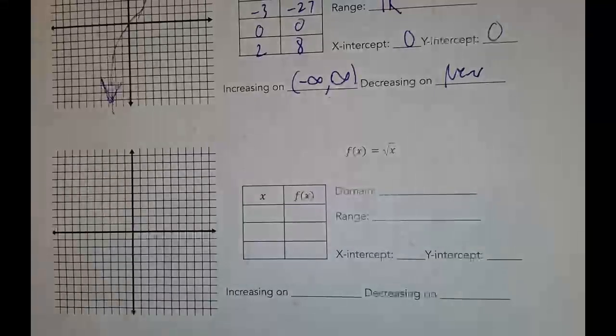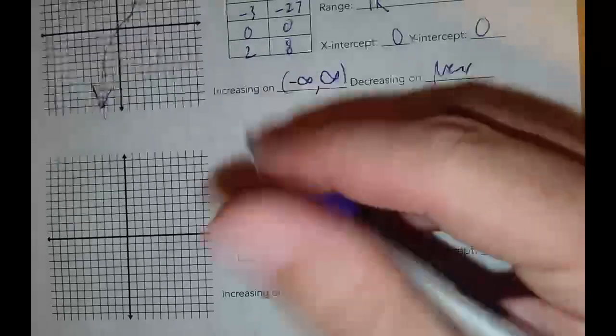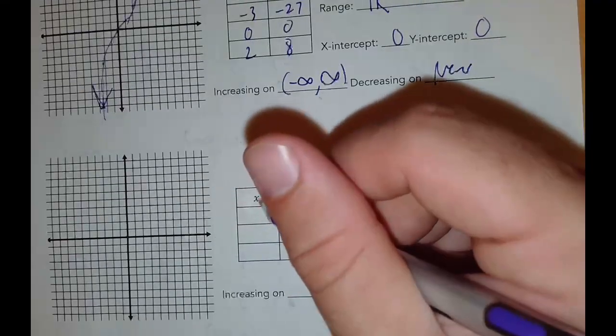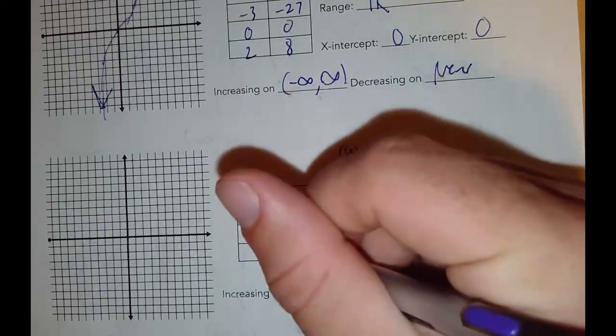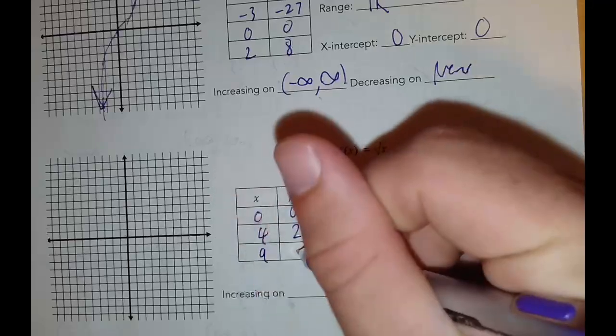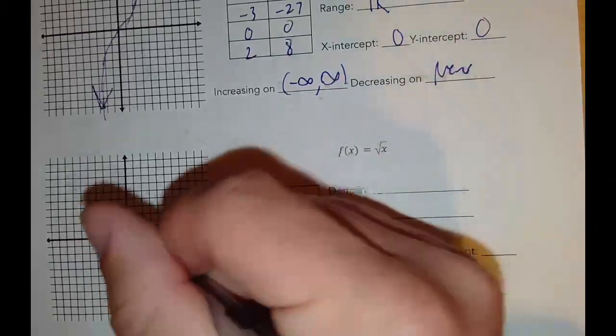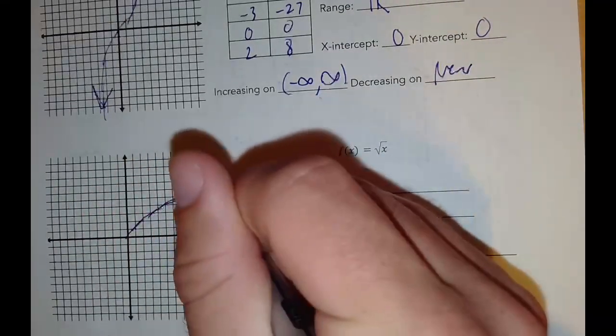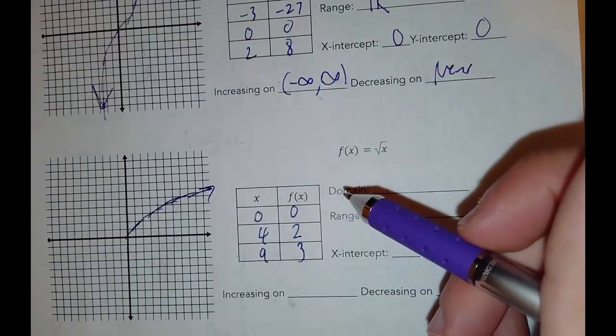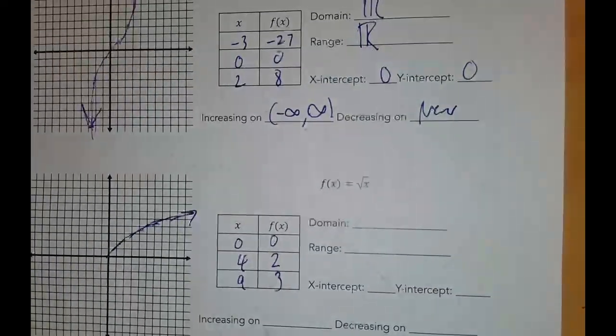Next, with a root, we might plug in 0 and you get 0, a 4 you get 2, and a 9 you get 3, and graphing it you'll get a function something like this. This is not to scale, but something close to that.